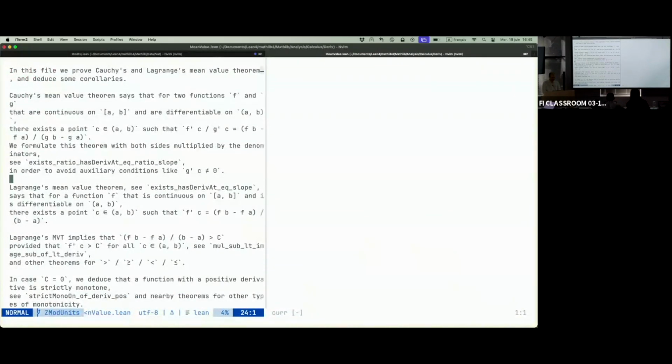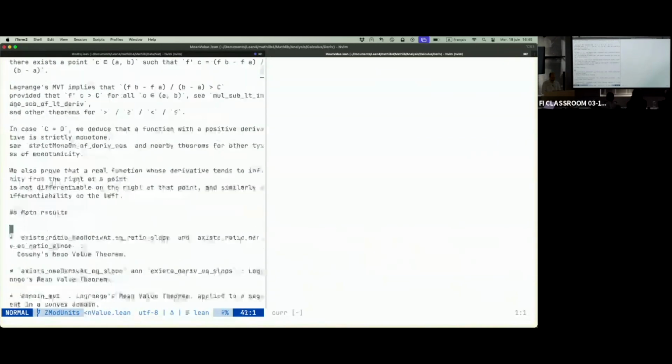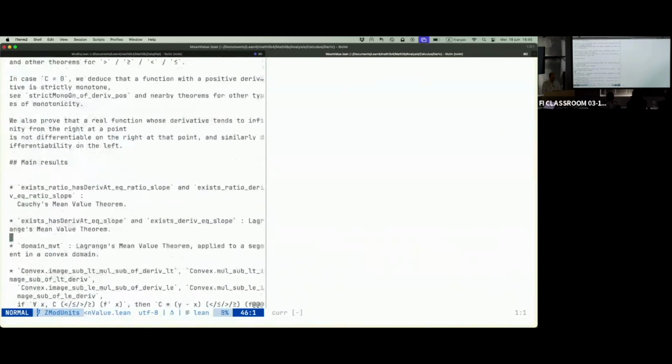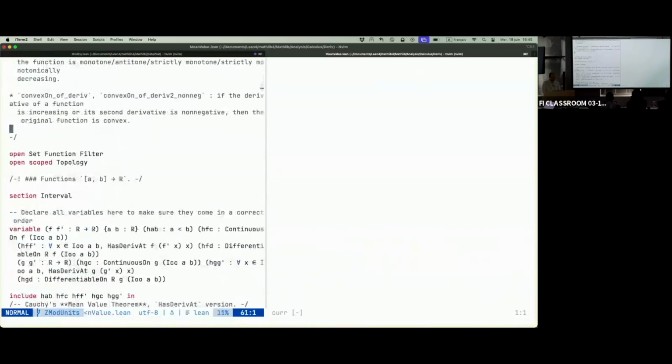So you have a statement, explanations. Lagrange means that there is something with a slope, and probably there are more general theorems, but okay. So here at least it's worth thinking.